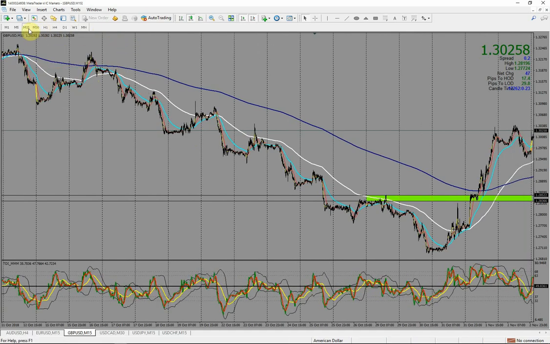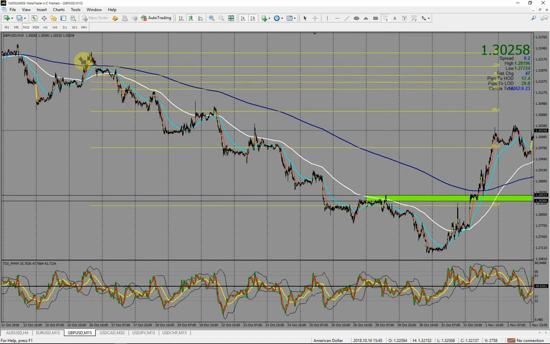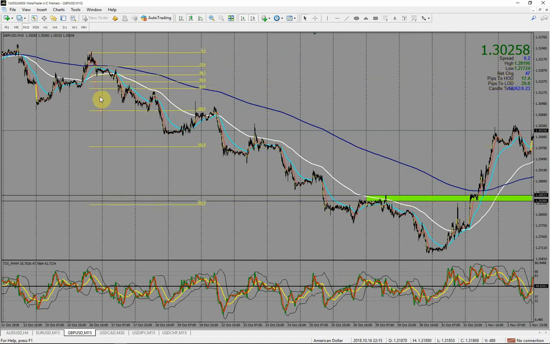So from here, my target is going to be, okay, let me just use the expansion. Actually here. So this is the 38.2, this is the 50% and 618.